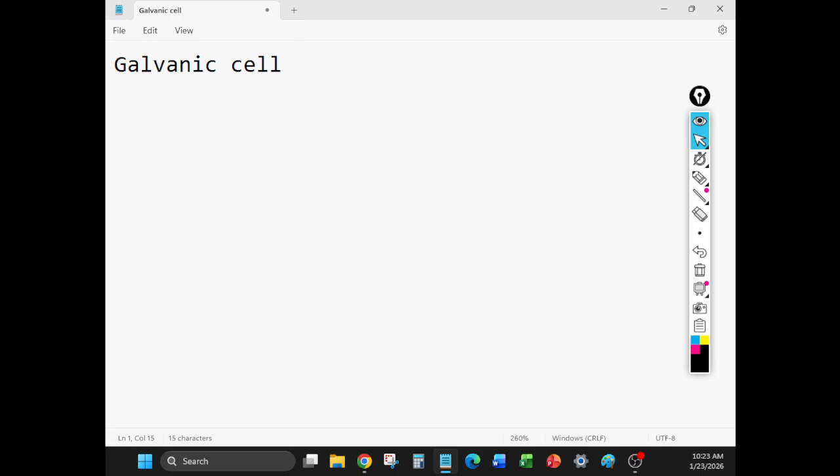All right, so a galvanic cell, and if you are old, you might call it a voltaic cell. So if you see voltaic cell, just know that it's the same thing as a galvanic cell. Basically, what a galvanic cell does is it uses a thermodynamically favored reaction.